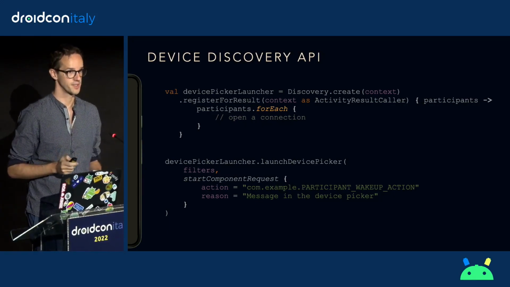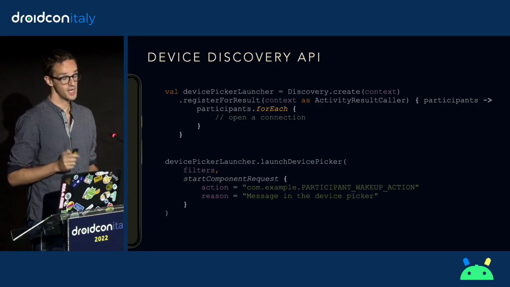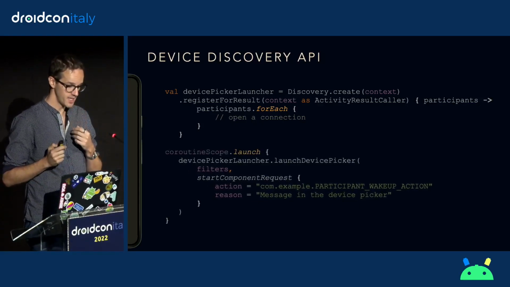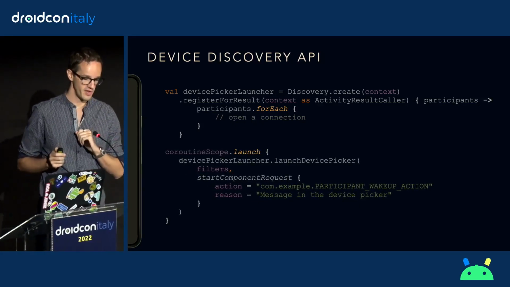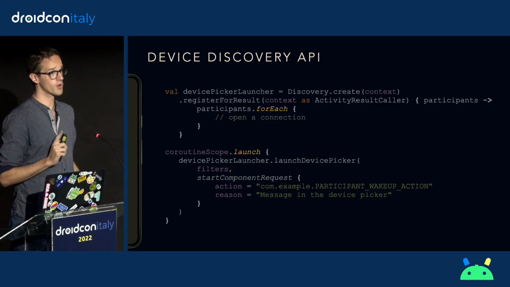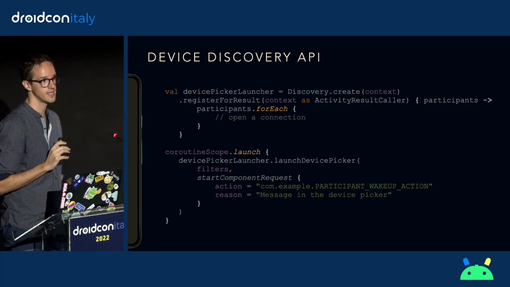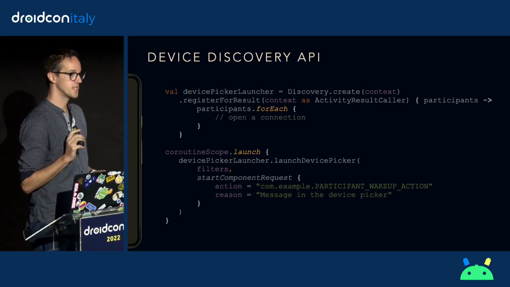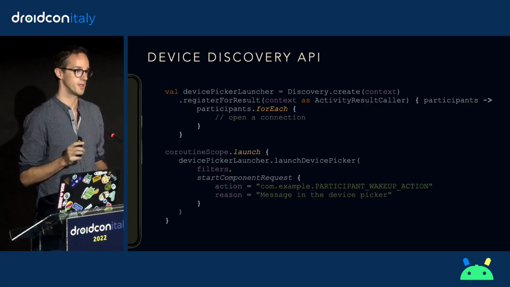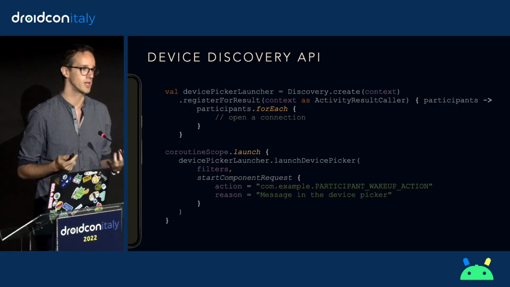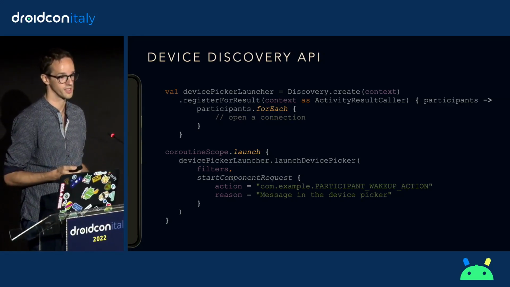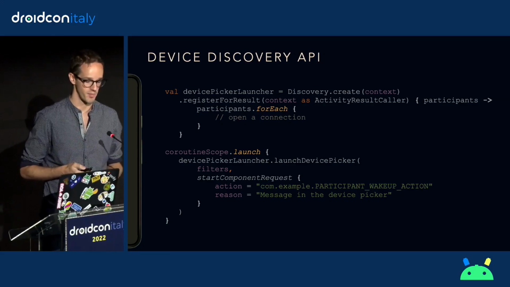And then there are filters. These are still a work in progress, but before jumping into filters, something worth noticing is that this launch device picker method is a suspend function, which, like most of the blocking methods of this SDK, needs to be invoked from a coroutine scope, so just worth keeping in mind.